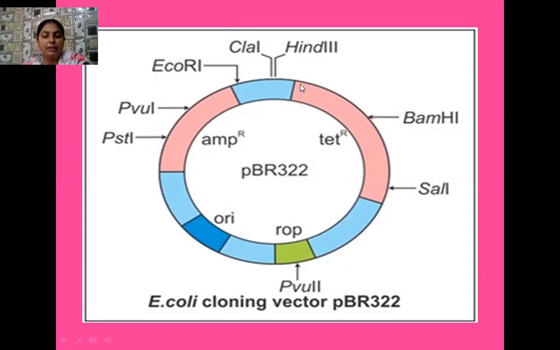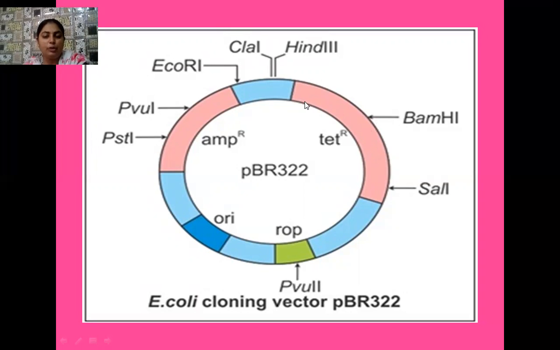So earlier, what did these cells show whenever they were grown over a tetracycline Petri plate? Because they have the tetracycline resistance gene, they are able to show smooth growth over that plate, and the tetracycline antibiotic has no effect on them.